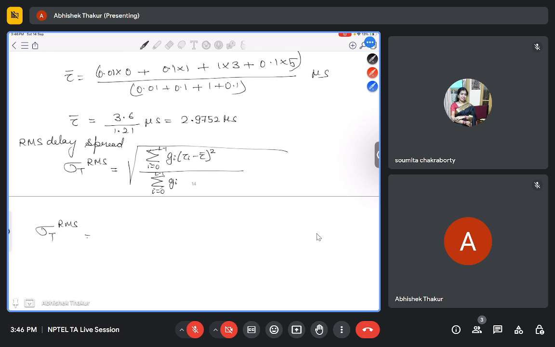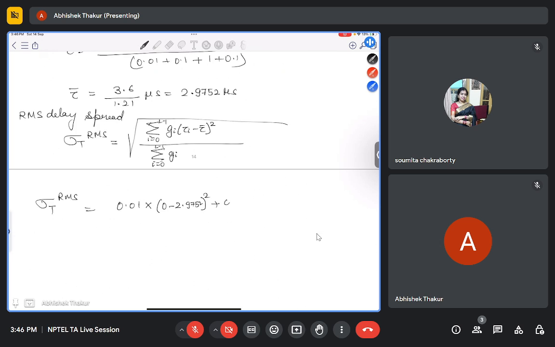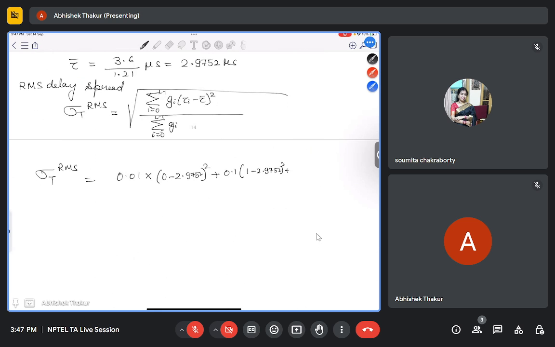In this case, it will be Gi is 0.01 into 0 minus tau bar, 2.9752, squared, plus Gi is 0.1, tau is 1 minus 2.9752 squared, plus Gi is 1 into 3 minus 2.9752 squared, plus 0.1 into 5 minus 2.9752 squared, divided by 0.01 plus 0.1 plus 1 plus 0.1.